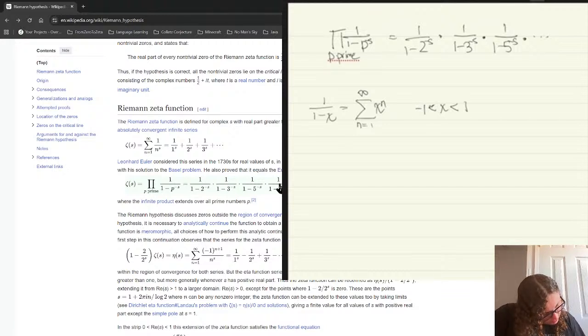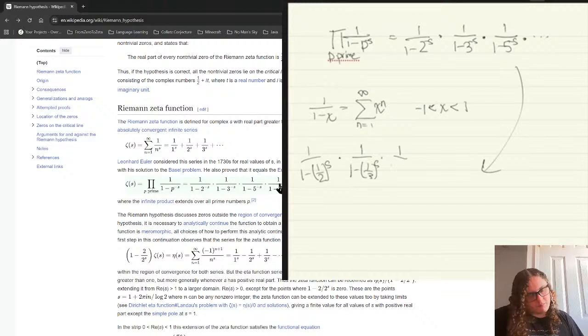So what this is saying is this is 1 over 1 minus 1/2 to the s, times 1 over 1 minus 1/3 to the s, times 1 over 1 minus 1/5 to the s, and so on.